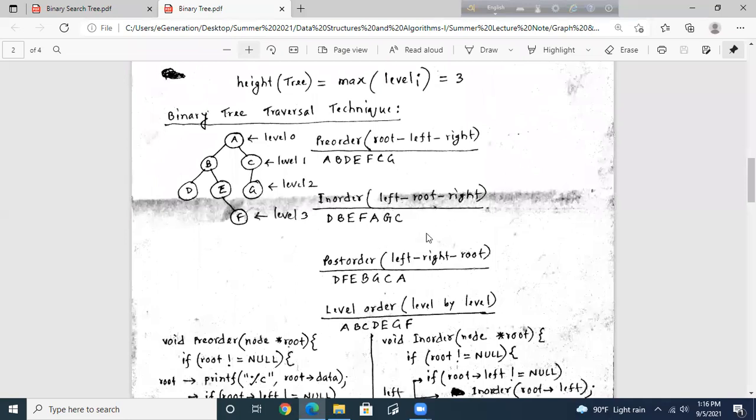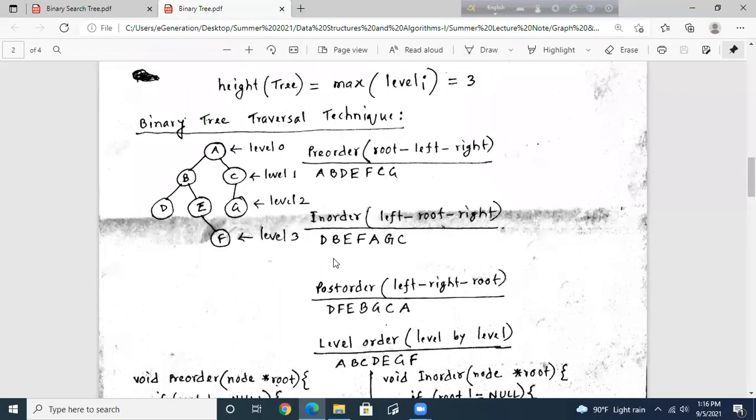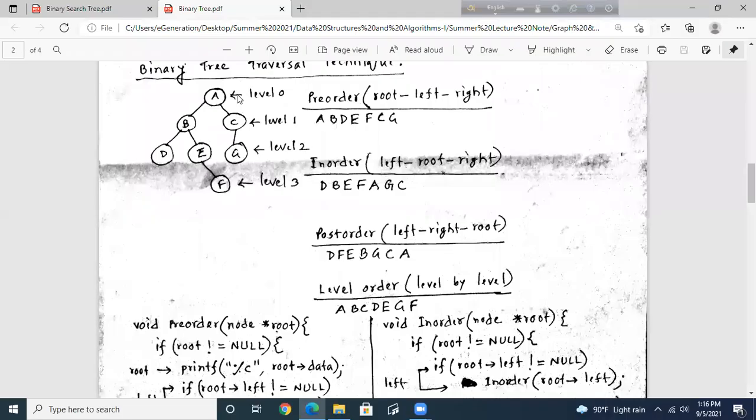In level order, you have to traverse the vertices level by level: level 0, level 1, level 2, level 3.